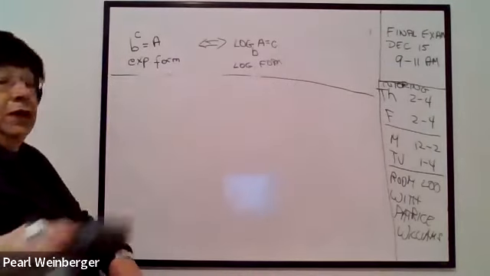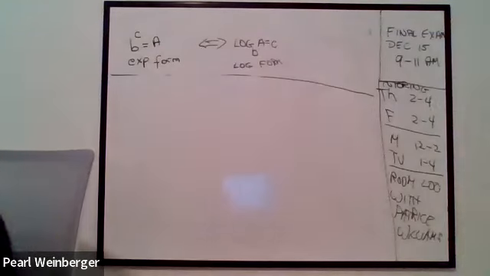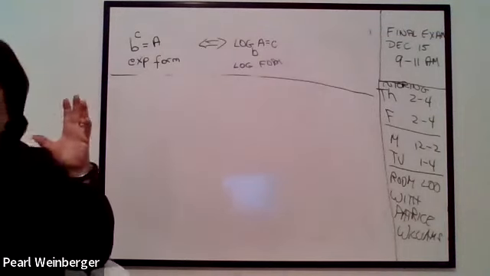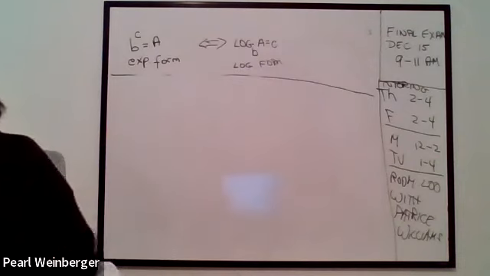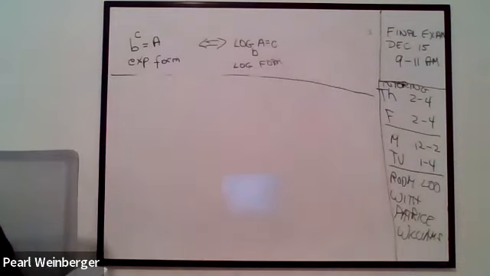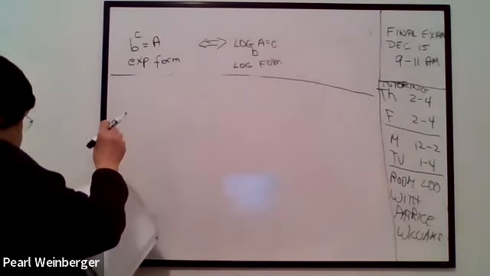And one of the questions that are sometimes asked says, use the properties of logs to expand the expression. So what does that mean? Well, let's take something like this.